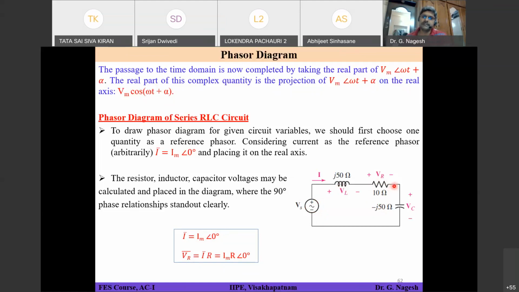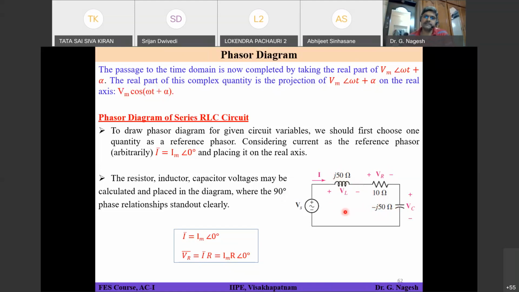So in a series RLC circuit, the voltages across the inductor and capacitor will be opposite to each other, as you have seen in the phasor diagram. If their reactances are equal, as you have seen here, then they will cancel out each other and the source voltage will be directly equal to the voltage across the resistor if you apply KVL. This will happen only when the impedance values XL and XC are same.